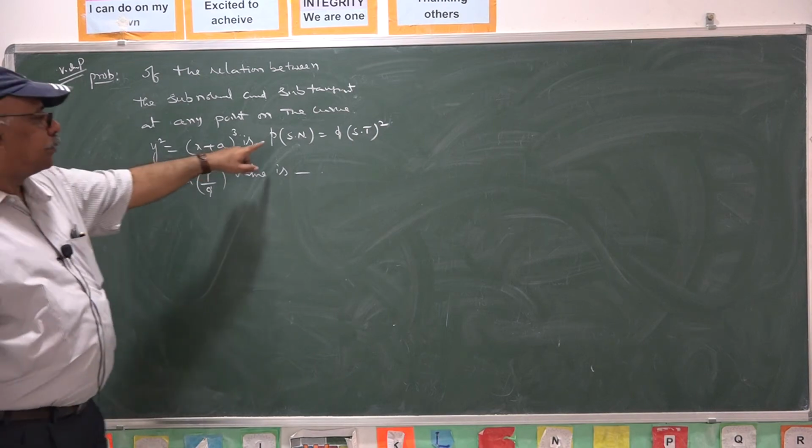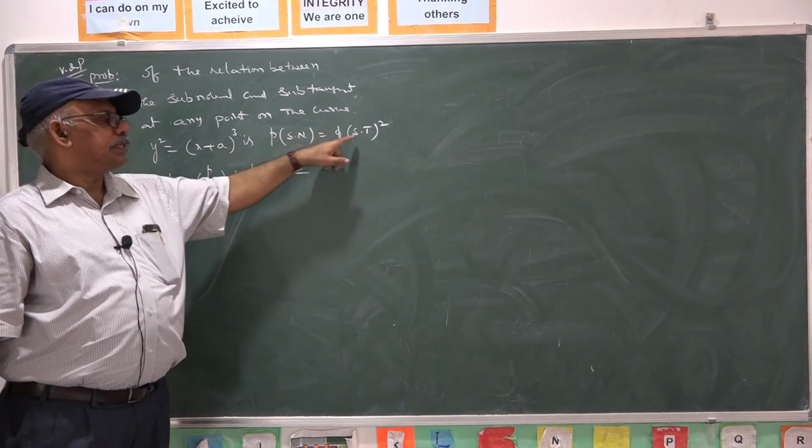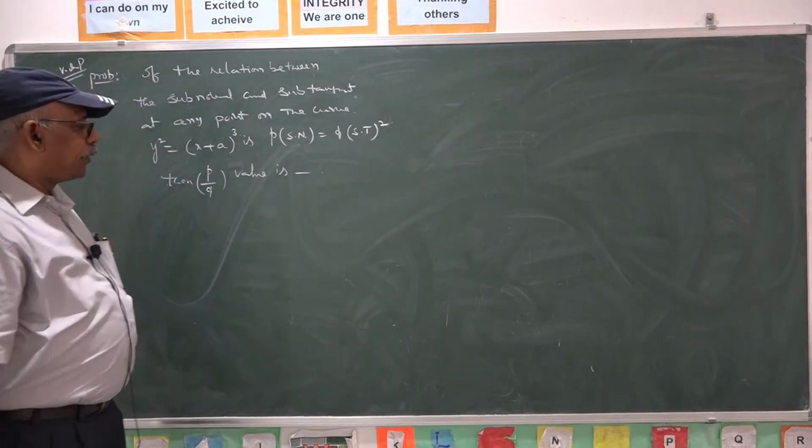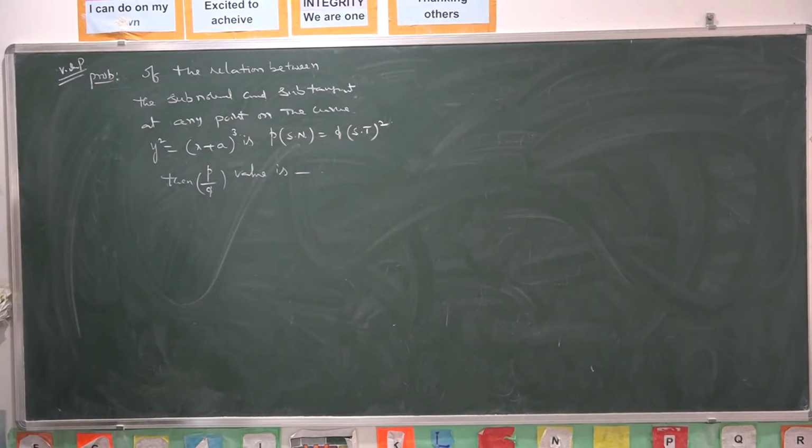P by q means subtangent square by subnormal, that should be evaluated here. The value of p by q is subtangent square by subnormal.